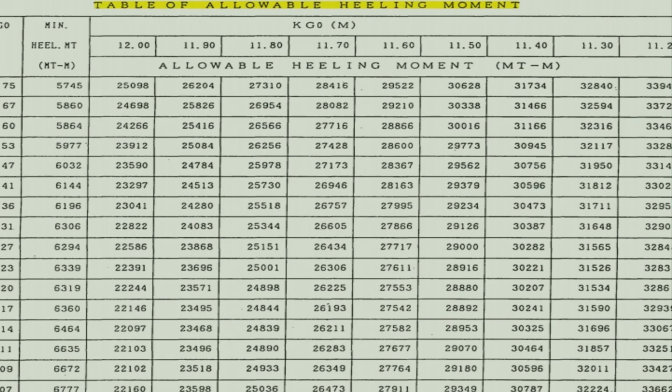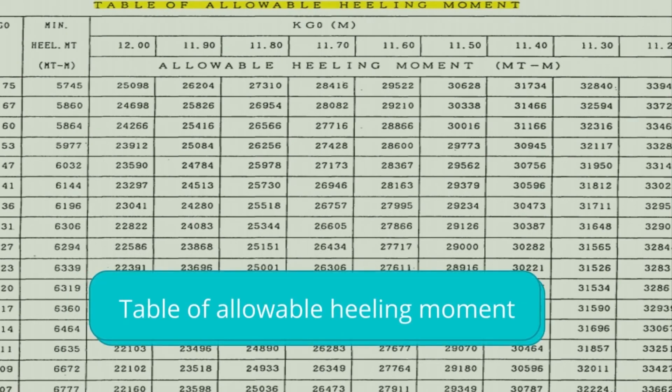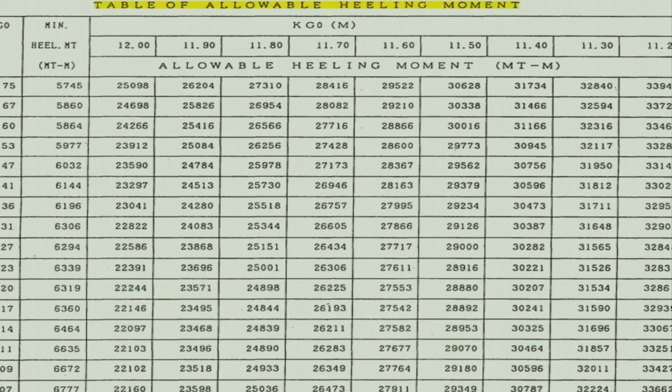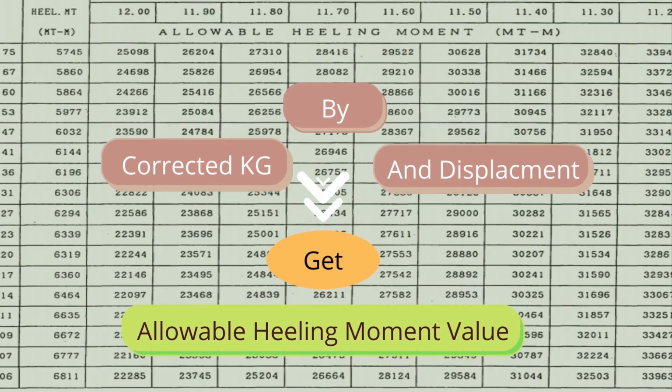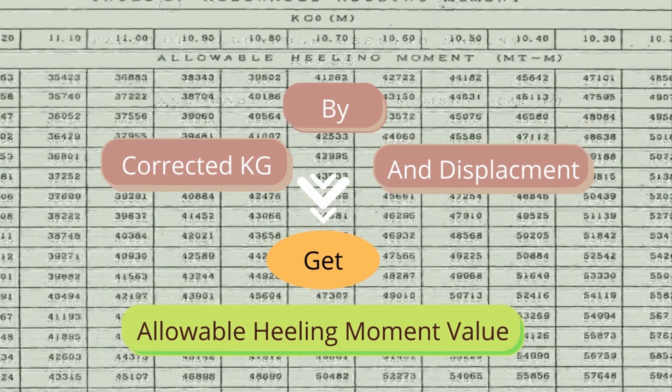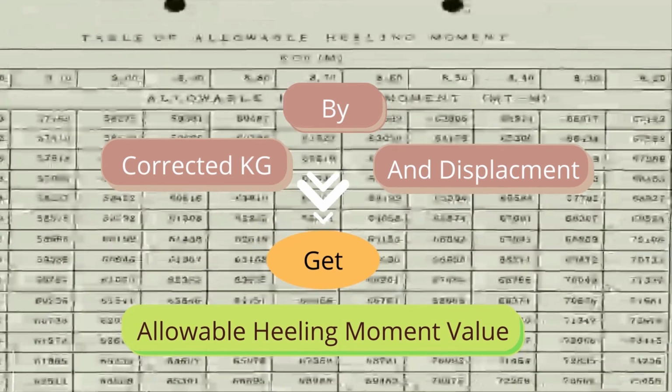In that chapter, we'll find section number 1, table of allowable heeling moment by ship's displacement and KG. We can find the allowable heeling moment value. This is corrected to KG.